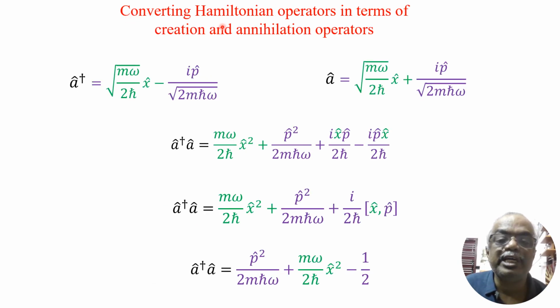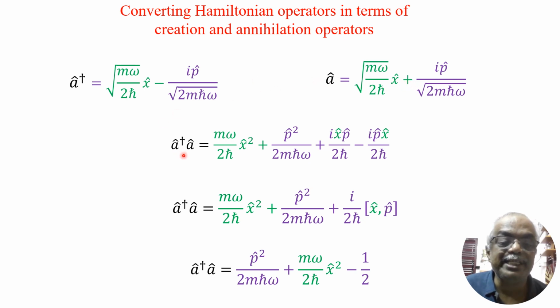Now we will convert the Hamiltonian operator in terms of creation and annihilation operators. We have just seen the creation operator is this one and the annihilation operator is this one, with just the minus changed to plus for the annihilation operator.